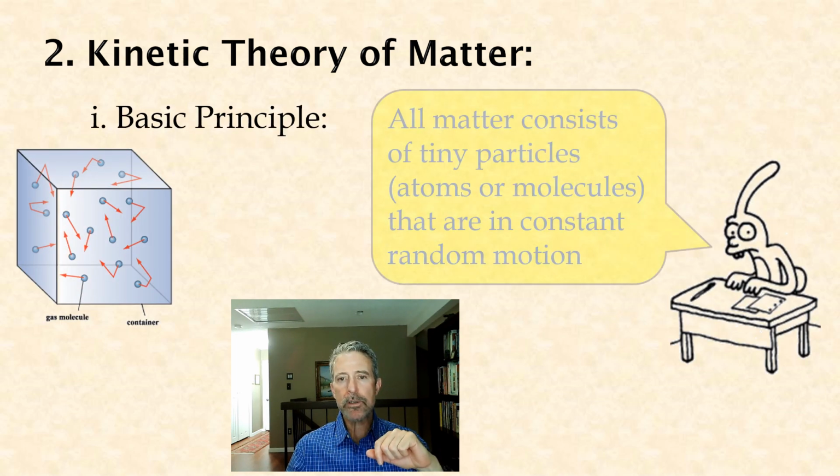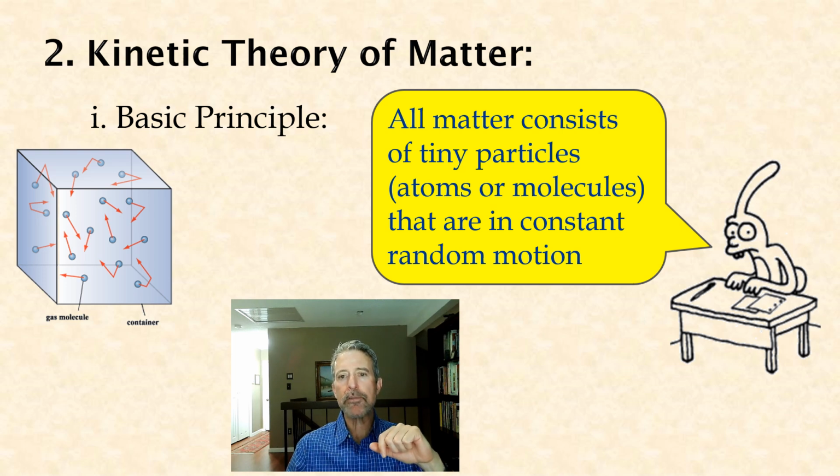The basic premise of the kinetic theory of matter is that all matter consists of tiny particles, usually atoms or molecules, that are in constant motion. If you take a look at the picture on the left-hand portion of the screen, you can see that inside this container we have a bunch of gas molecules, gas particles.